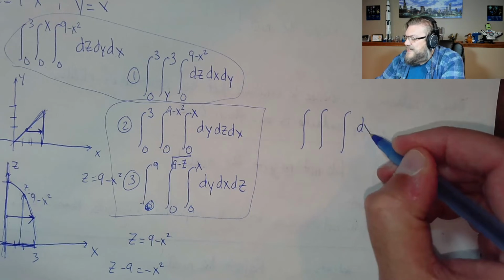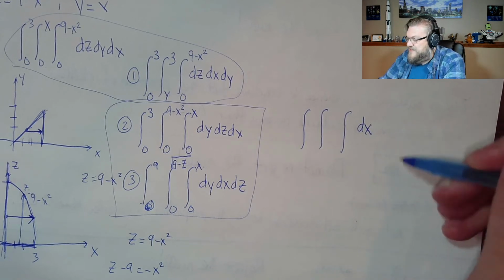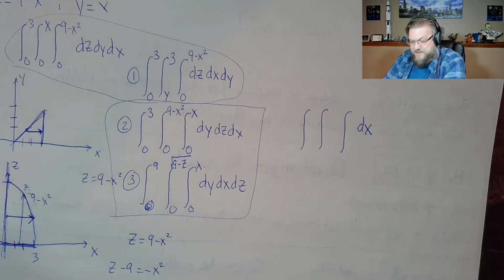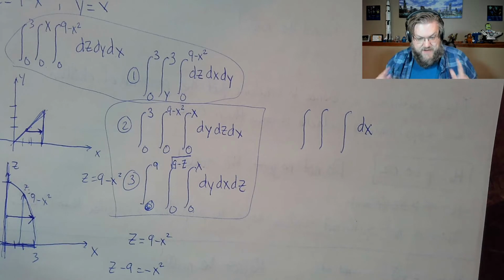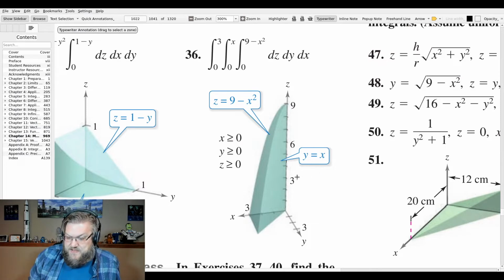So I'm going to do dx and then figure out whether I want to do dy dz or dz dy, right? But let's handle dx first. Looking at our page again, this is going to go from the back surface to the front. So arrows are going to enter from the back and then go out the front, right?